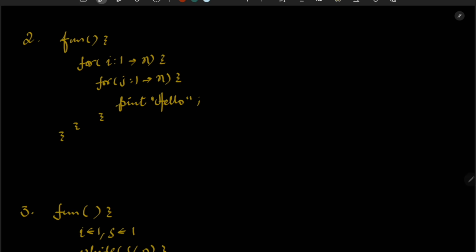Now coming to the next example, here as well we have a fun method, and again we don't have anything other than a for loop, but this time there are two parts to the for loop. The first part is the external part, wherein this is going to run from 1 to n, and then there is an internal part which again is going to run from 1 to n. So the way it works is the outer loop is going to run n times, and each and every time the inner loop is going to run as well.